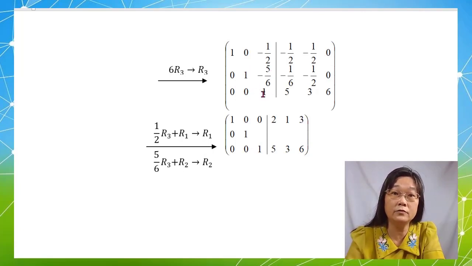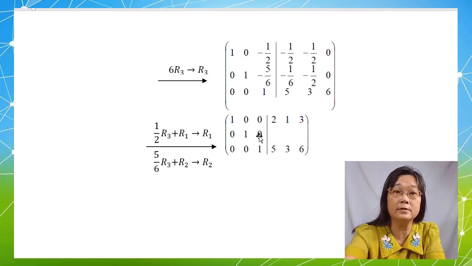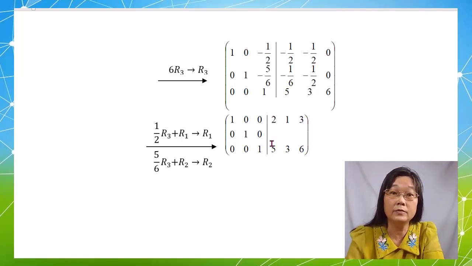Then the third number in row 3 is 1. 1 times 5 over 6 is positive 5 over 6 minus 5 over 6, it is equal to 0. Then up to number 4, the fourth number in row 3 is 5. 5 times 5 over 6, it is 25 over 6 and add into negative 1 over 6.